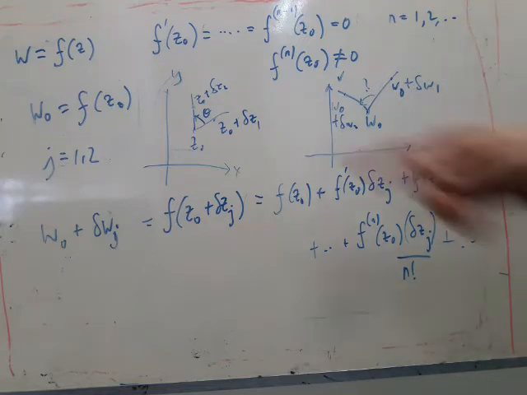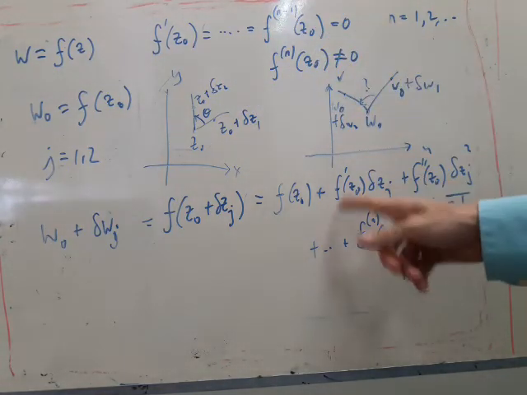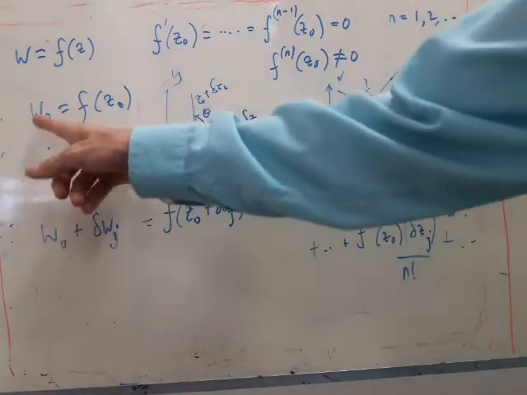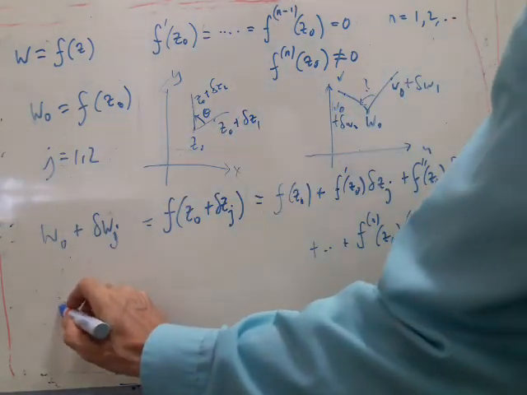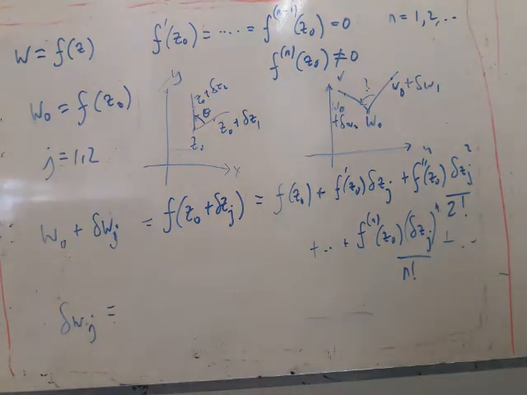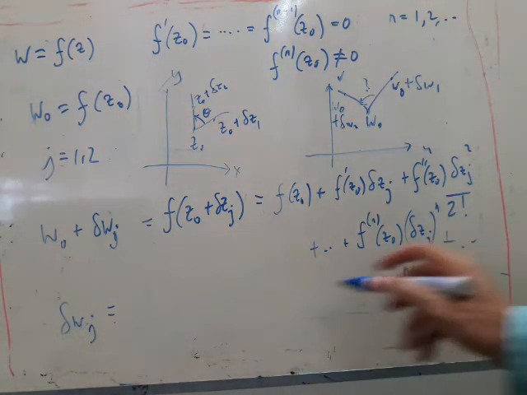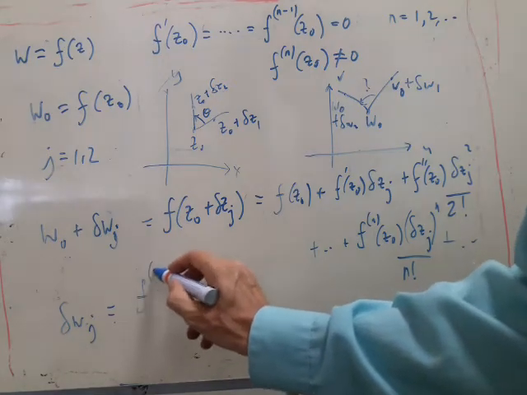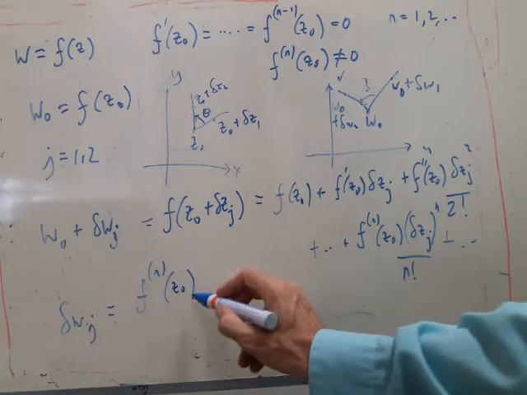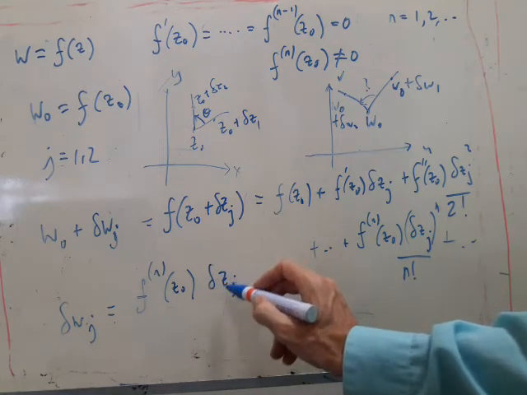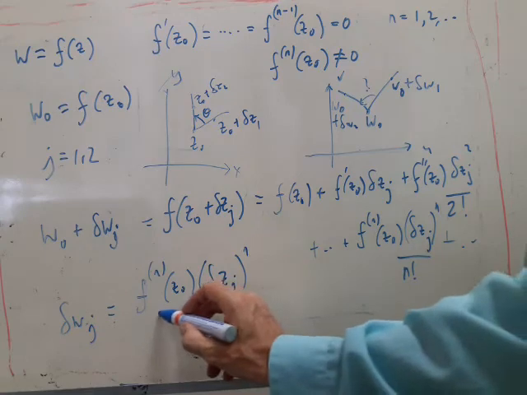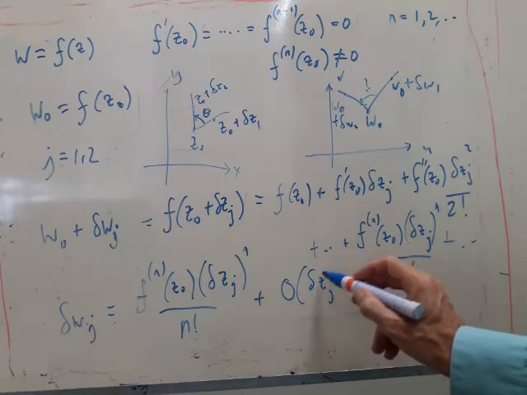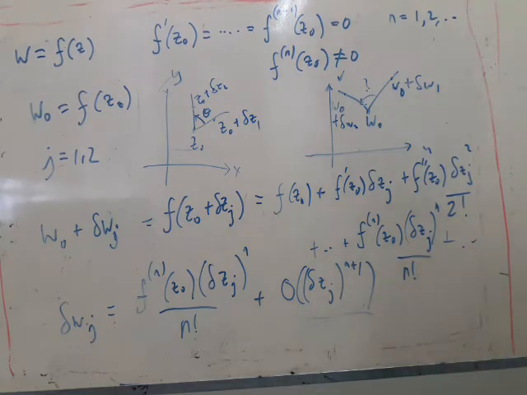Now what we've said is that this is 0, and all of these things are 0, so all of these things go, and if we then subtract this, we end up with delta wj equal to the nth term plus order delta zj to the n plus 1, plus the next term.